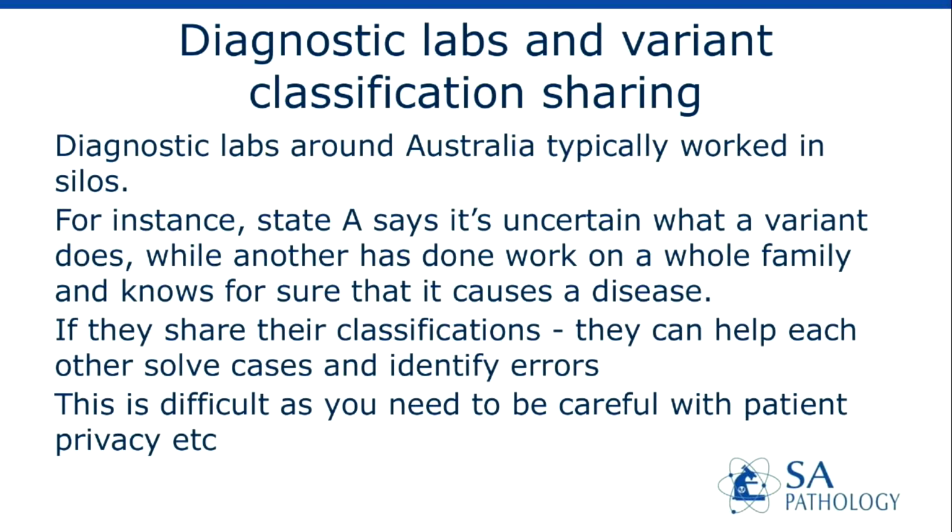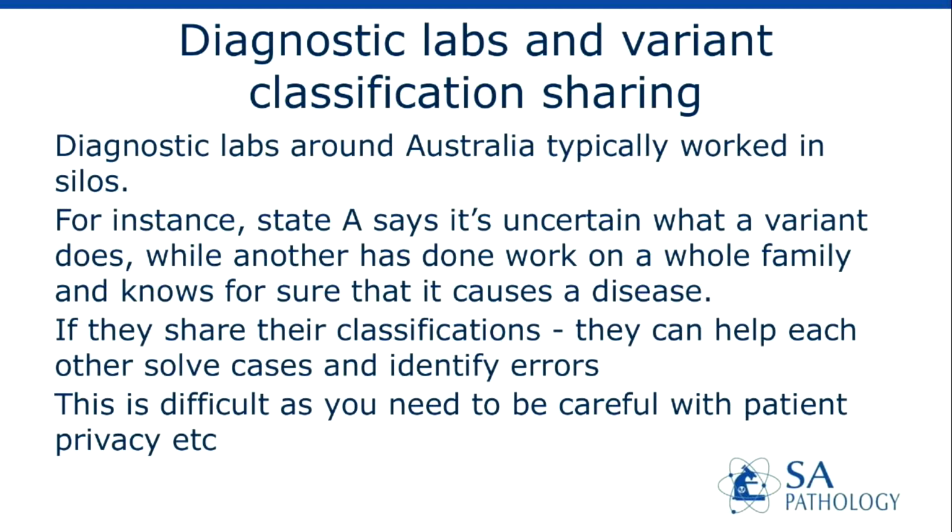One of the troubles with this is that health in Australia is basically run by states, so everyone works by themselves and doesn't talk to each other. If someone in Victoria had a variant that was pathogenic, and someone in South Australia had the same one but classified it as unknown, then we would never know, and one of them got a bad diagnosis.